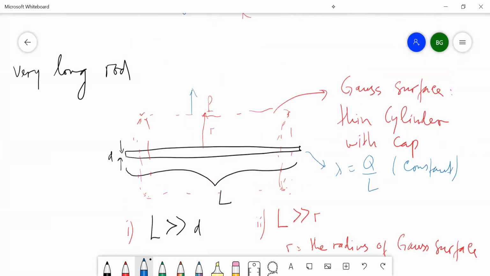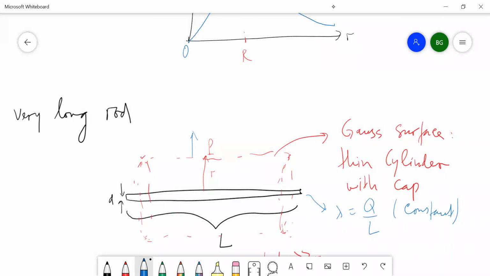So we divide this field. Let's say this is E, and this is also E, and at the cap this is E also.